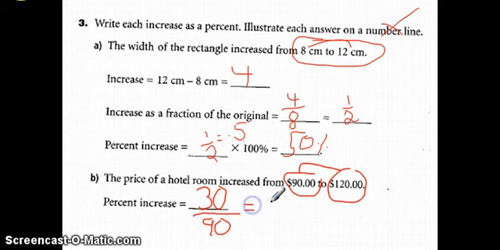So when we do that, we get that crazy number of 33.3 repeating. Okay, and that represents our percent increase. This is after you multiply it by 100, of course. Okay? So that'll be an increase of 33.3%. Oops, that's supposed to be a dot.